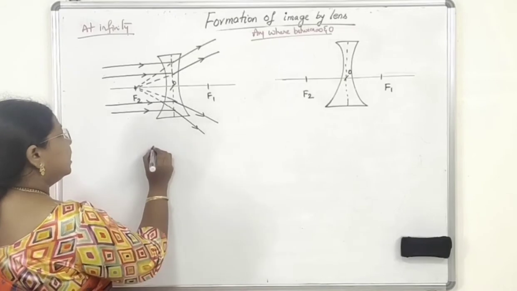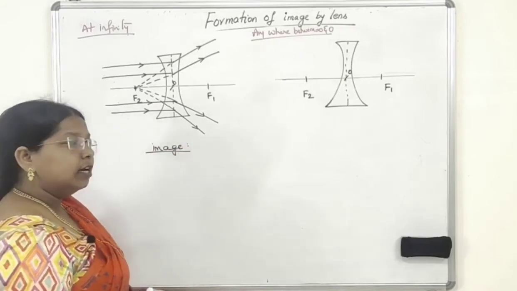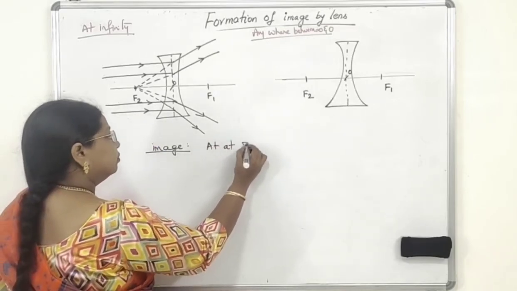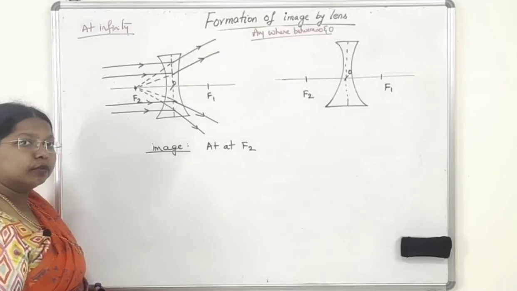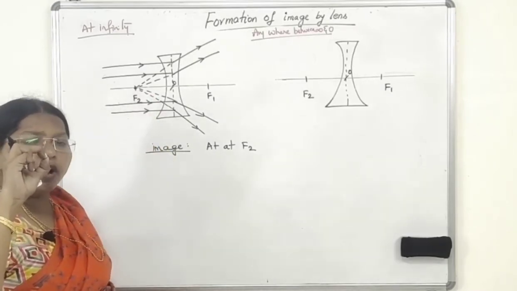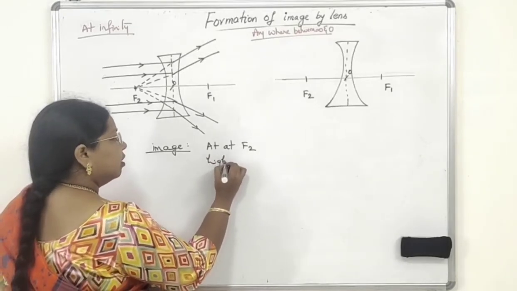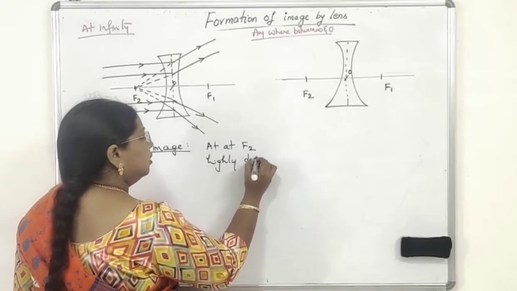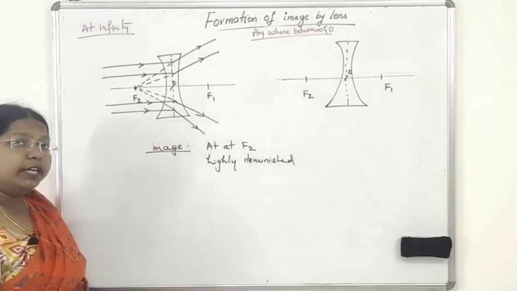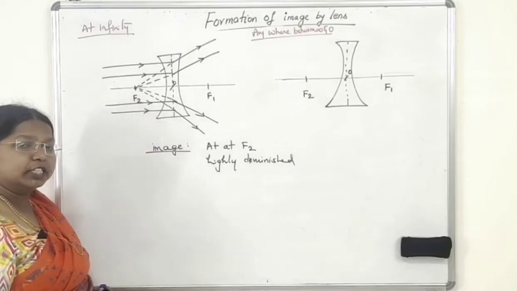So what are the image properties? Where is the position? At F2. And what is the size, students? Highly diminished to a point or point image. Okay?